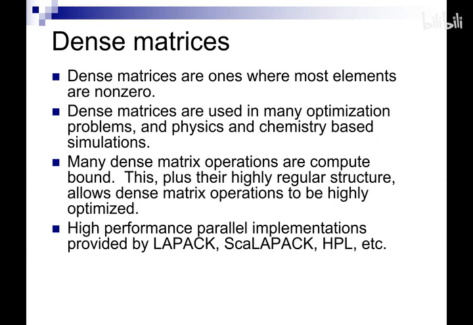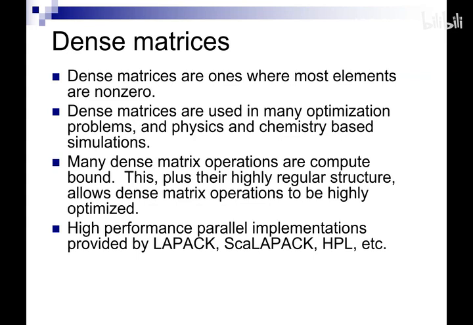Also, because the matrices are dense, we are going to do computations involving all of the matrix elements, and therefore the computation has a very regular structure. Because of this regularity, these operations can be highly optimized.